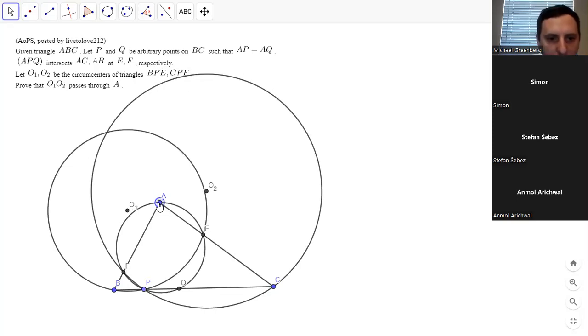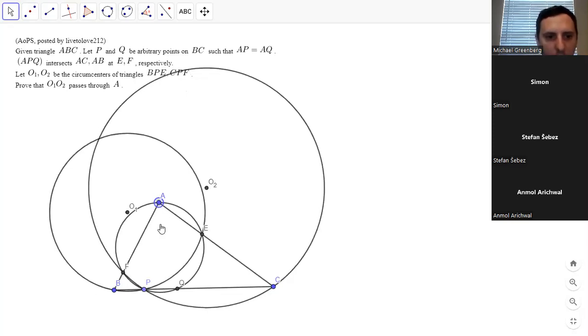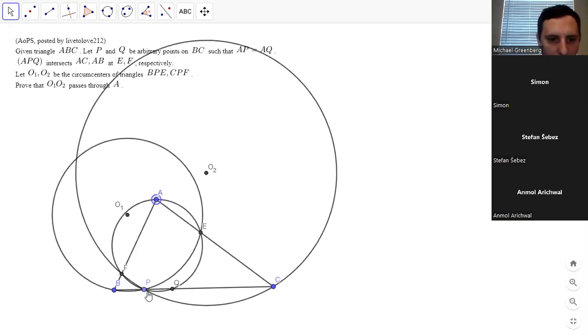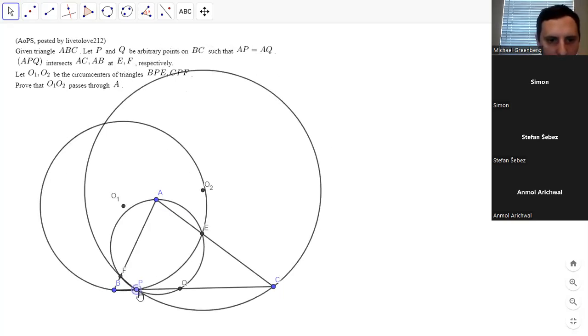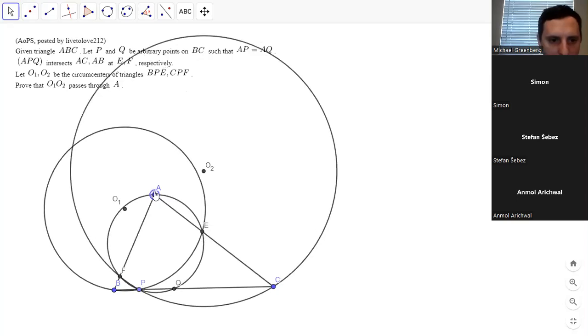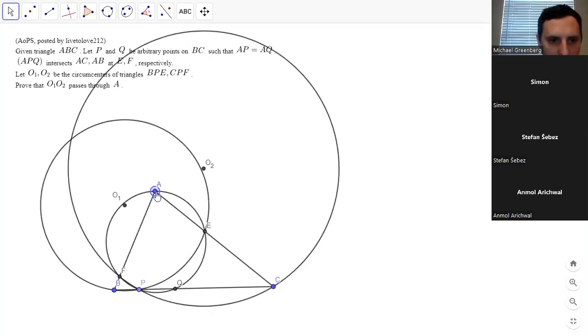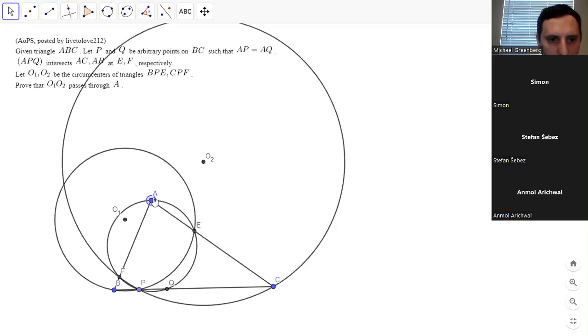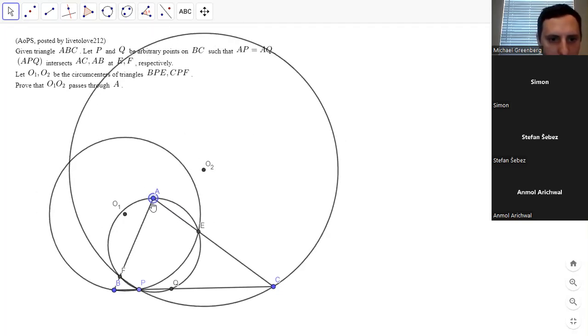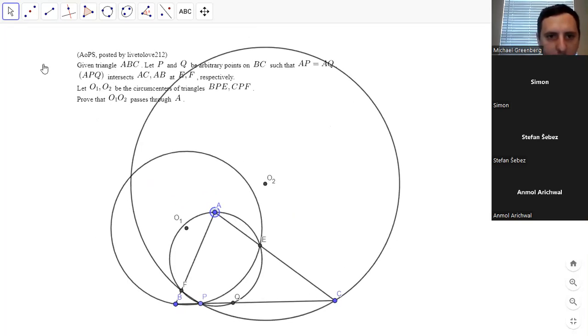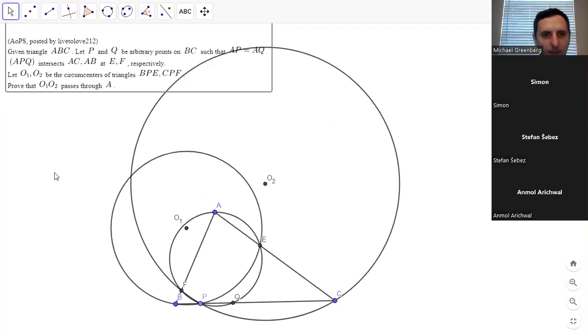Maybe that looks a little better. The diagram is never going to be perfect, but I don't want to make it look like they lie on either circle, and I don't want to make it look parallel to BC. So I think that's good enough.